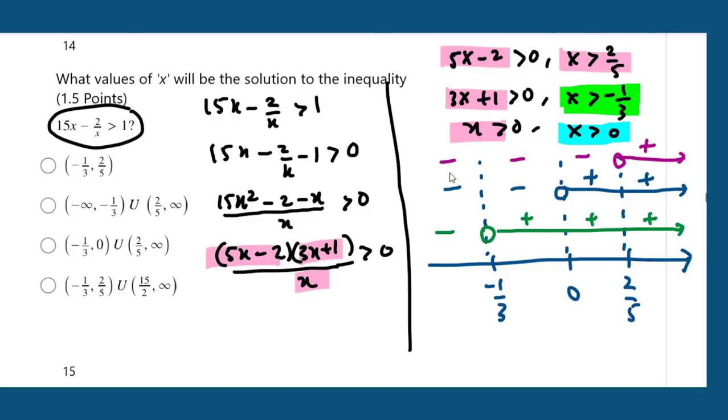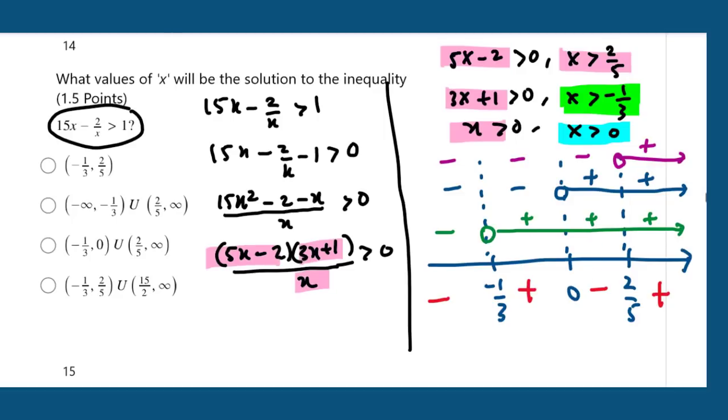And the next, this one is negative: negative, positive, negative, positive. Positive times positive over positive is positive; negative times positive is negative, something like that.